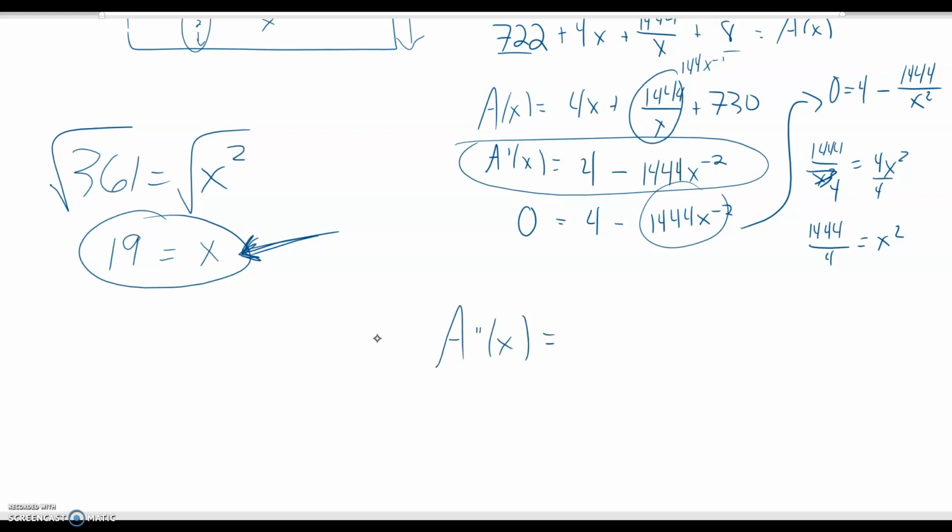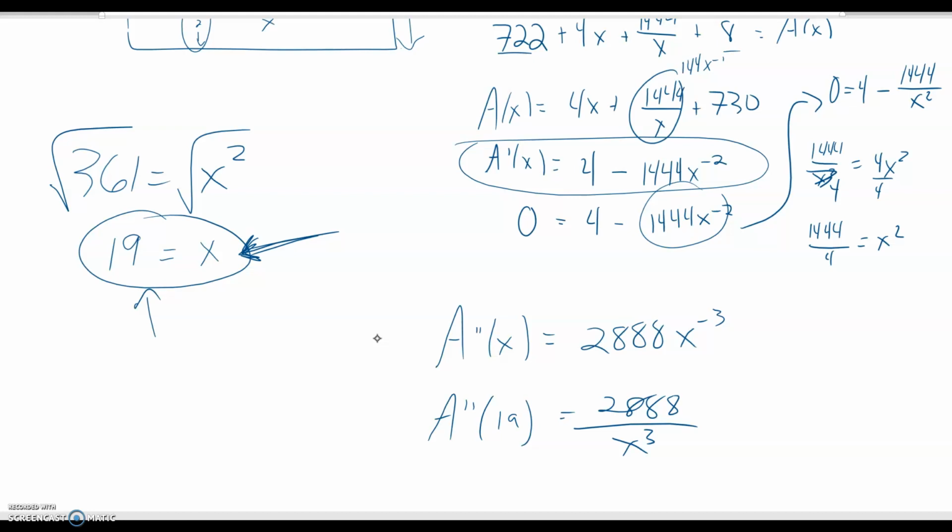I'll do the second derivative test, and that should be 2888 x to the negative 3. Remember the second derivative test: I plug my critical number into the second derivative, and I see if I get a positive or negative. I don't care what the value is.